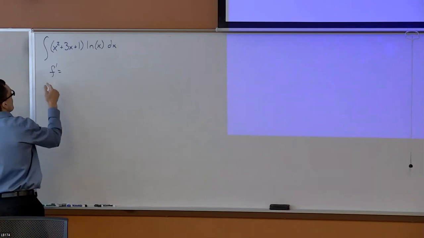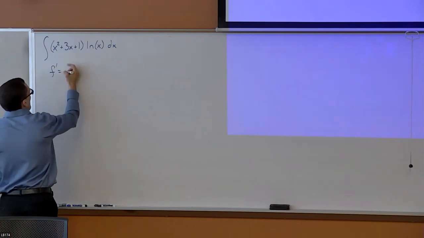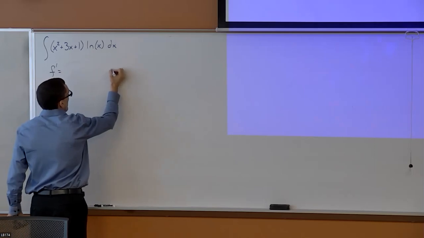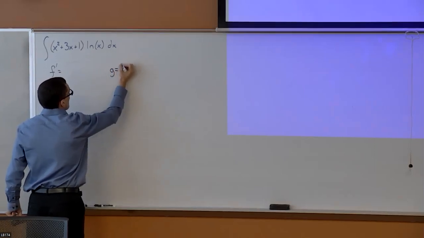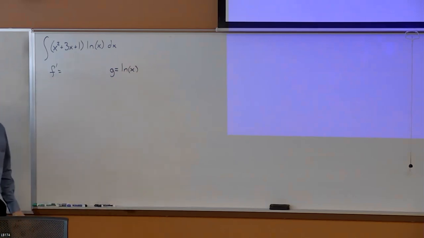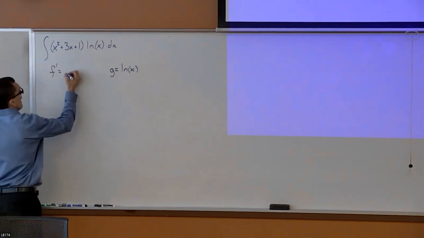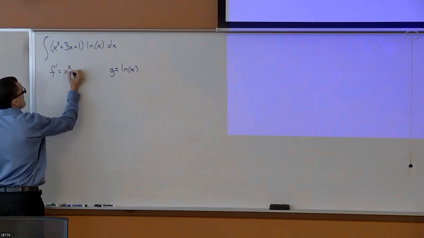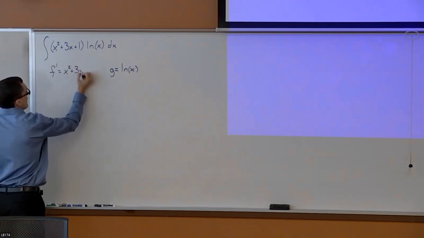But so what I have to do, if I have natural log, is I have to make my g the natural log of x. And again, this will work for any log, base 6 if you had log base 6 instead of natural log. And then my f prime is going to be the polynomial.